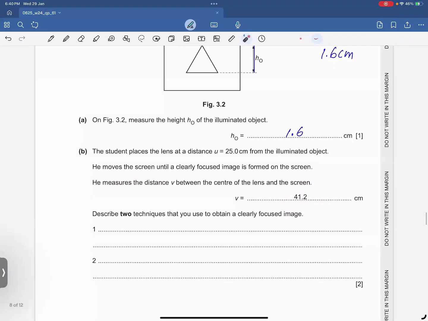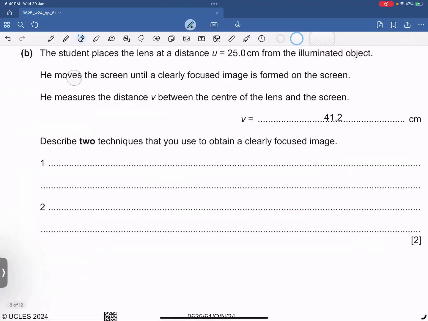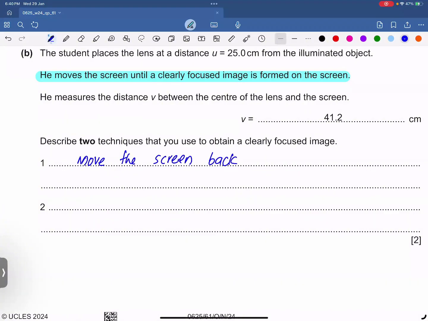Two techniques that you use to obtain a clear and focused image. One of the techniques is already mentioned in the question. He moves the screen until it is clear, so you have to move it gently, slowly, back and forth.